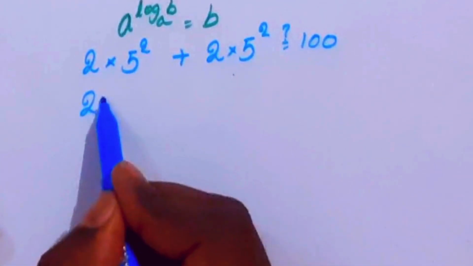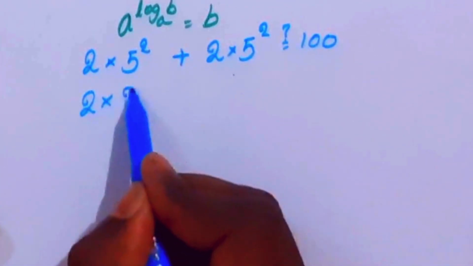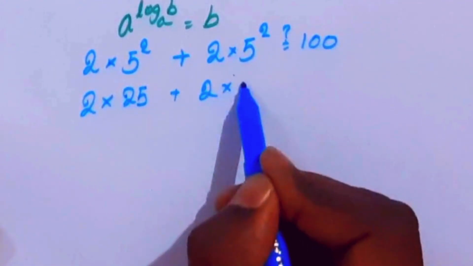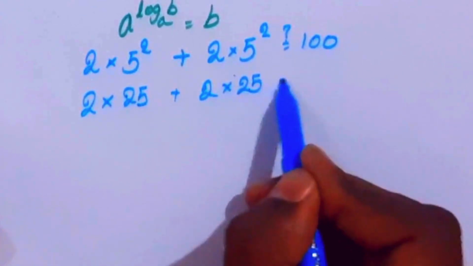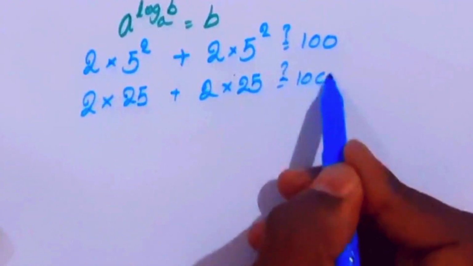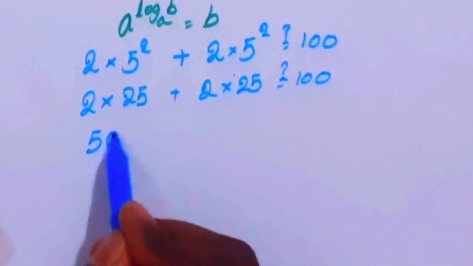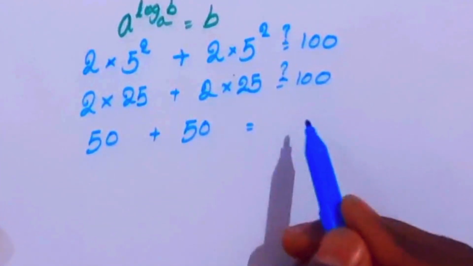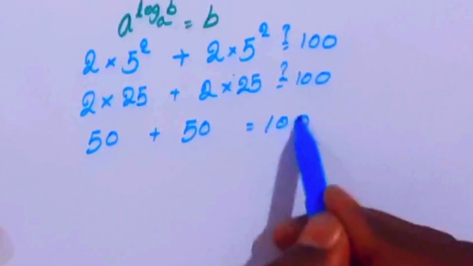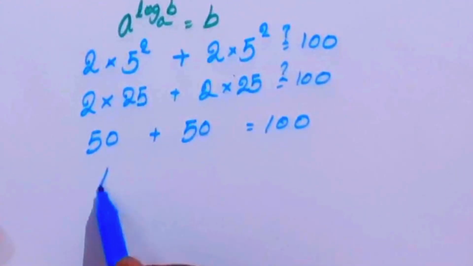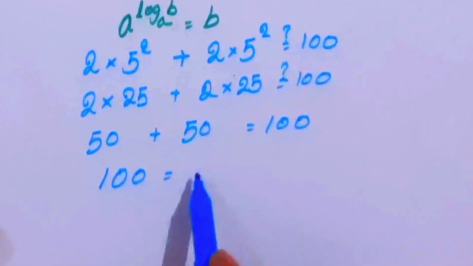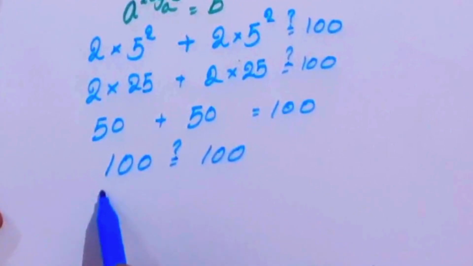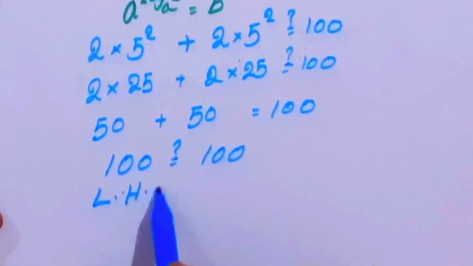Now 2 into 5 square is 50, plus 2 into 5 square is 50, equal to 100. 50 plus 50 equal to 100. Now 100 equal to 100. So LHS equal to RHS.